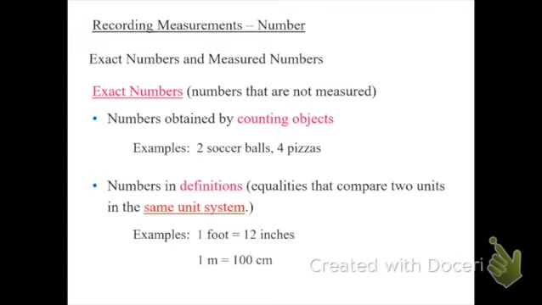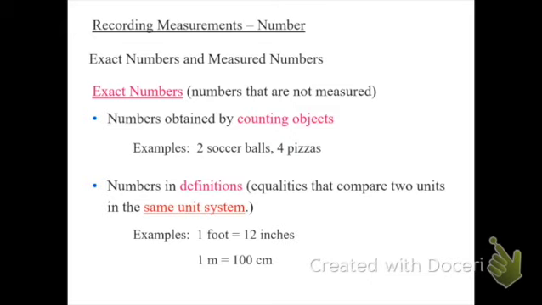Now, why is it important that we have to know which ones are exact and which ones are not? So you will see that when we start talking about significant figures, it has a lot to do with either being exact or being a measured number.